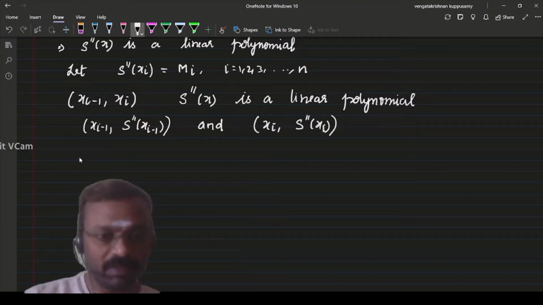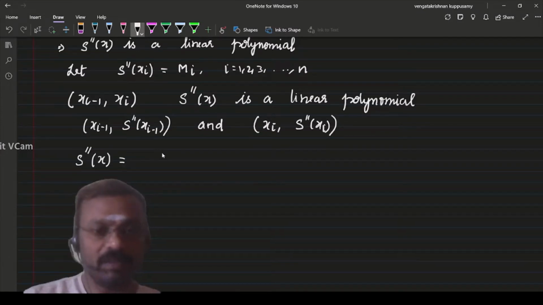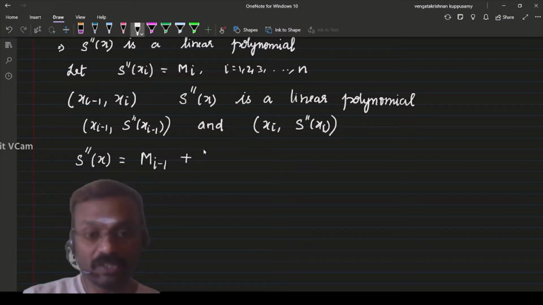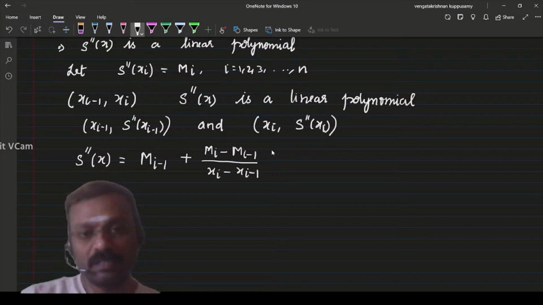So which is given by the two-point formula. S double dash of x is S double dash of xi minus 1, which is nothing but mi minus 1, plus S double dash of xi, mi, minus S double dash of xi minus 1, mi minus 1, divided by xi minus xi minus 1, into x minus xi minus 1.